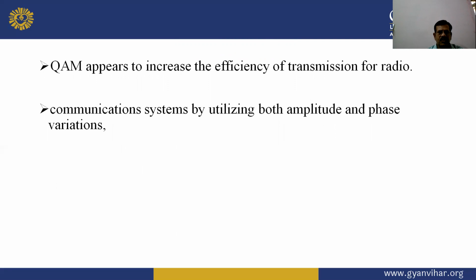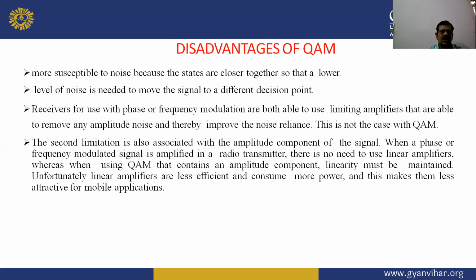QAM appears to increase the efficiency of transmission for radio and communication systems by utilizing both amplitude and phase variation. So these are some advantages of the QAM modulation technique. But there are some disadvantages of QAM.